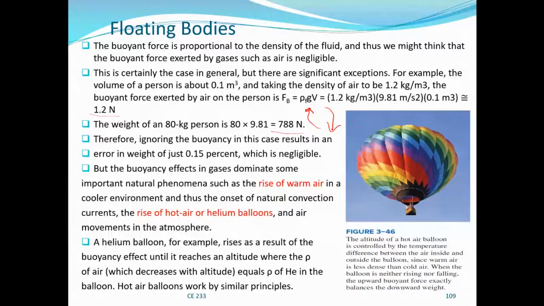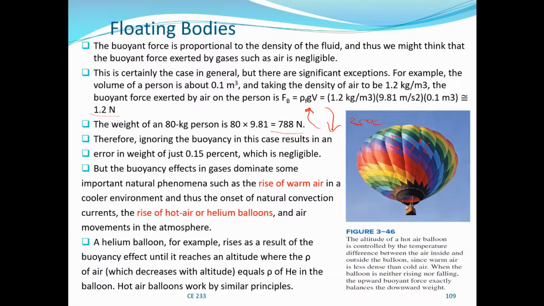Now, let's say the air temperature outside the balloon is 25 degrees Celsius. Inside, you are heating the air, so the air temperature inside is, let's say, around 50 degrees, meaning the air is very hot inside. The density of hot air is less than the density of cold air, so the balloon will rise.